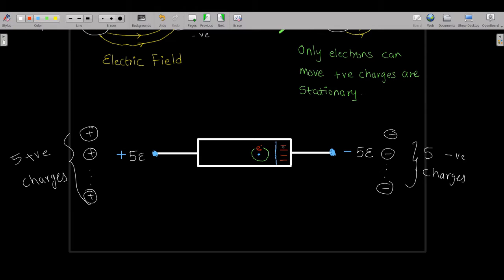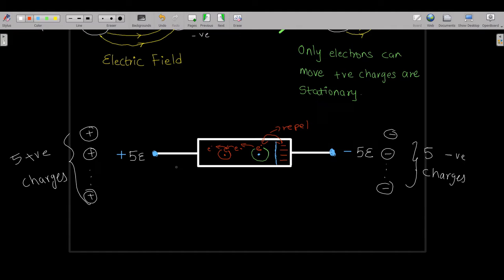This negative charge and this electron will repel each other, due to which the electron from this particular atom will move out. Then if there is another atom present over here which has an electron, it will move out from that atom too. So this goes on continuing further.